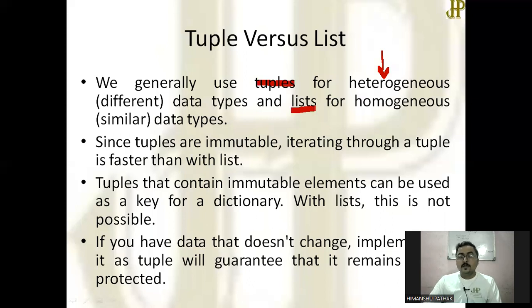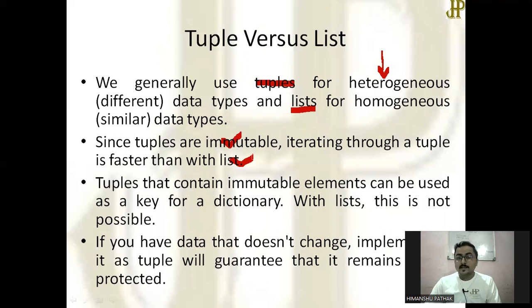Second difference, tuples are immutable and lists are mutable. Third difference, since tuples are immutable, iterating through a tuple is faster than a list. Why? Because we know that no changes are done over a period of time. So in memory, the tuple is present at the same location.